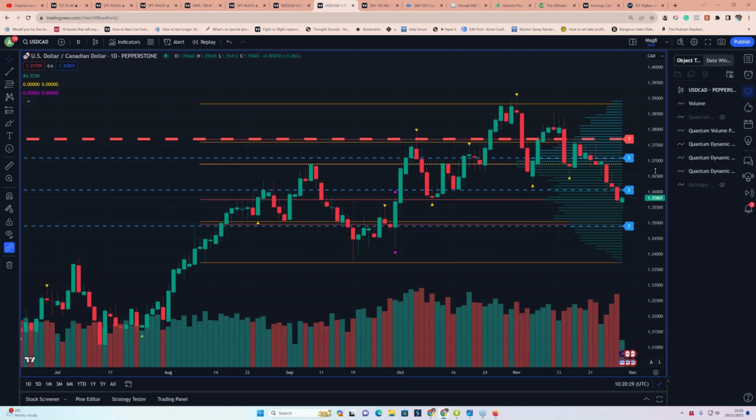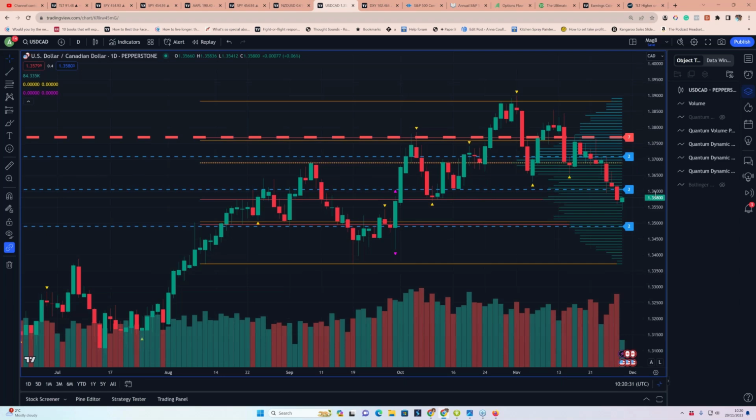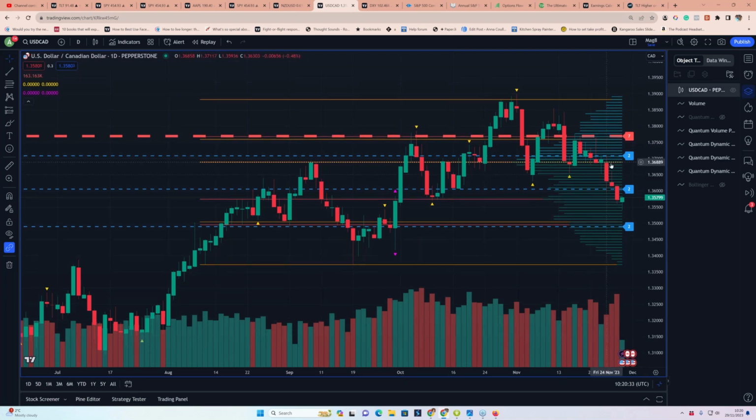And the reason I want to feature the daily chart here is because we do have another break from the volume point of control, a bit of a sideways movement, but not as contained as we saw on the Dixie. But we can see here we had this break, then we had this wick to the bottom of the candle. So clearly, in the third part of the American session, we can see there was buying coming in.